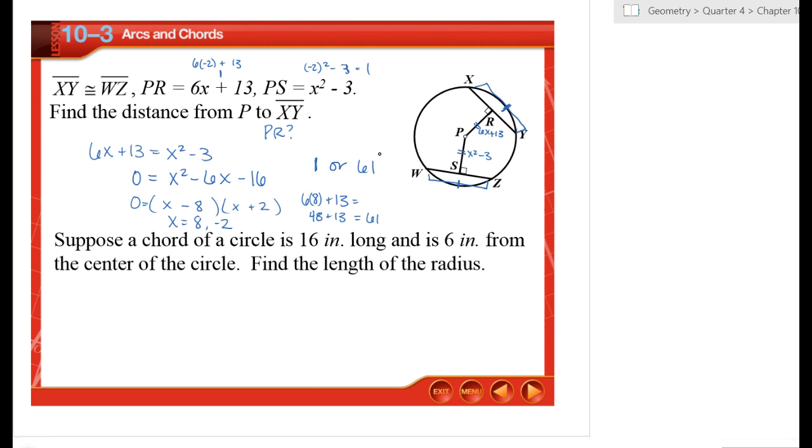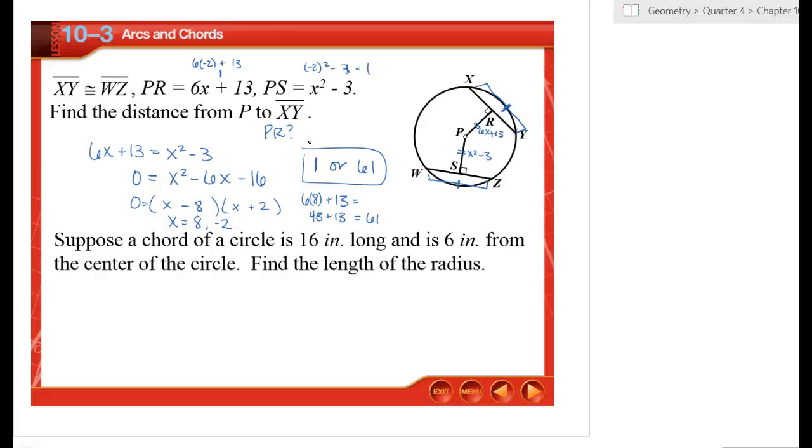If that happens on a test or quiz, you can put both answers down as long as they both make sense, because 1 can be a distance, 61 can be a distance, and I'll take either. But if you plug in a negative and it gives you a negative, and then you write that down as your answer, that doesn't make sense, so that's when you lose points. Okay? So the distance can be 1 or it could be 61.